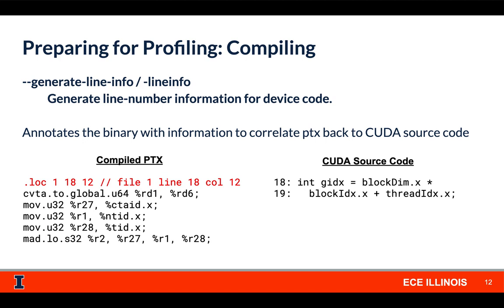Then it's doing this multiply and addition of those three registers together in order to produce this global ID. And that .loc operation is not an instruction that's executed. It's just debug information so that when we're visualizing this side by side with the source code, the tool can draw the connection between the PTX and the source code for us. So that's all that line info does.